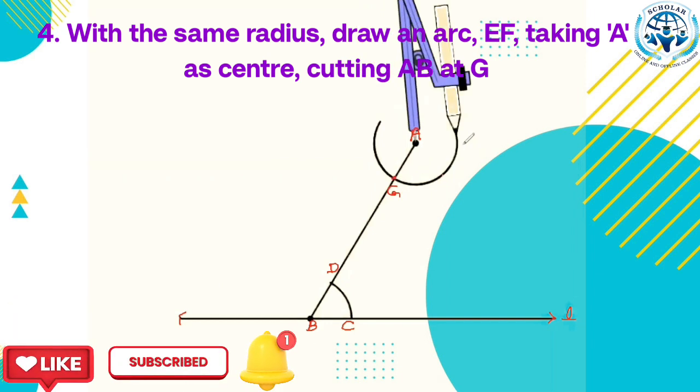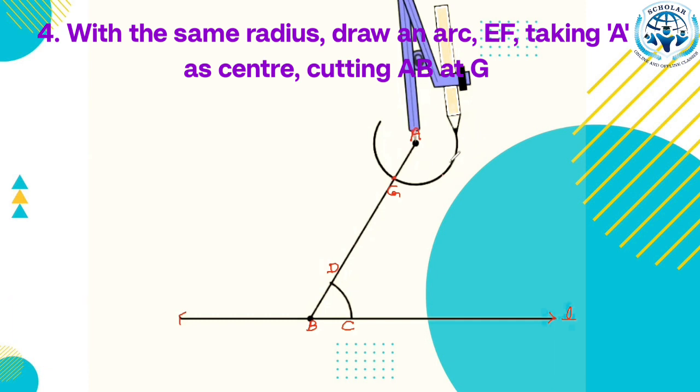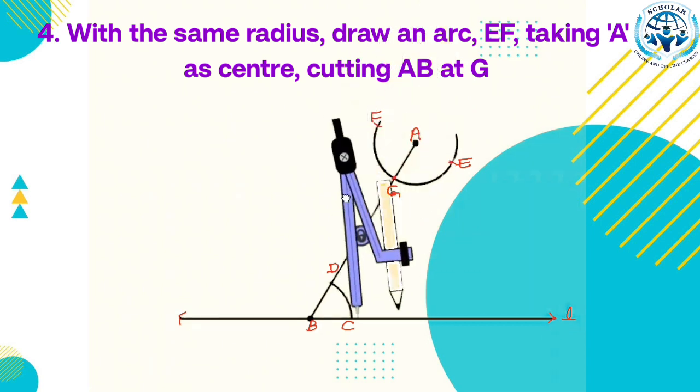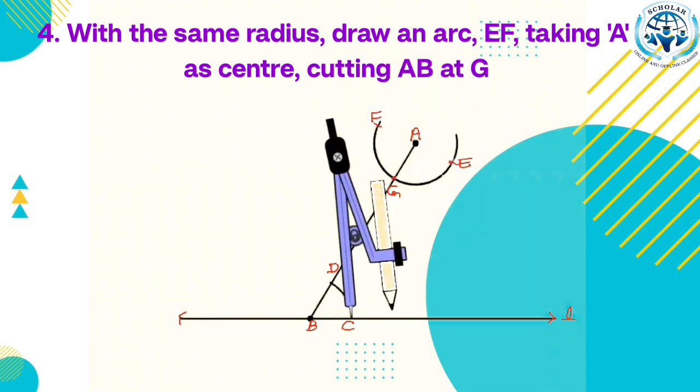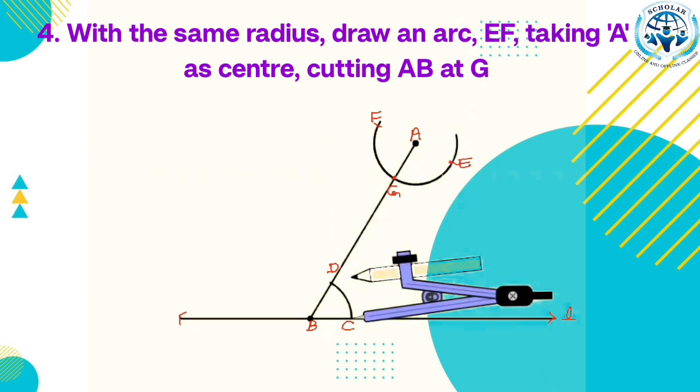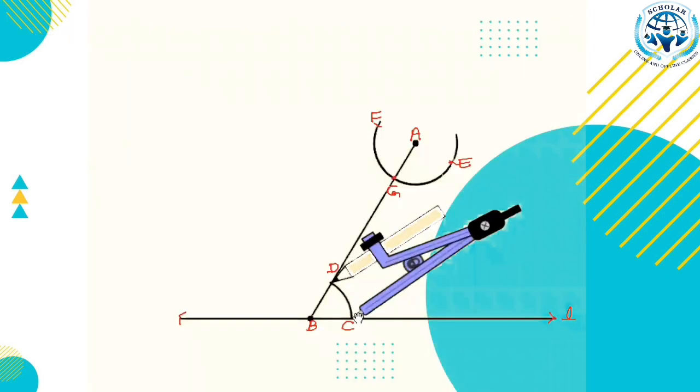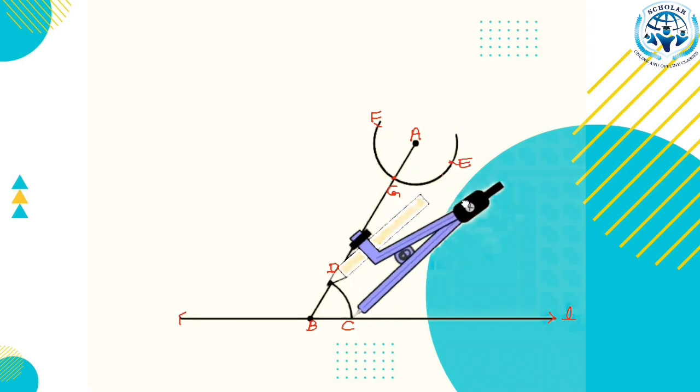Now we will measure CD. This is an arc EF. Now measure CD. Taking the measurement of CD as radius, we will make an arc using G as center.